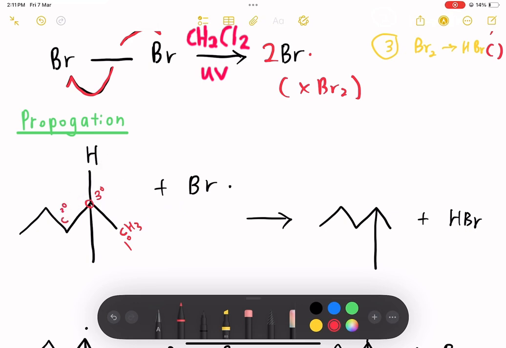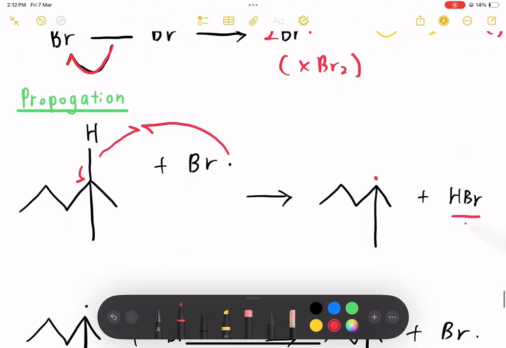So it would only take this one for the major product. Remember, free radical will always try to steal electrons from the others. Then the remaining unpaired electron will go to here to form this one. This one is a stable one that is formed from stealing the electron from H.